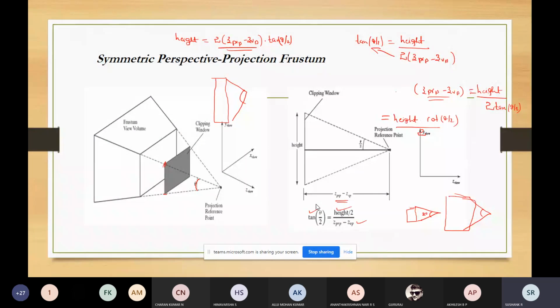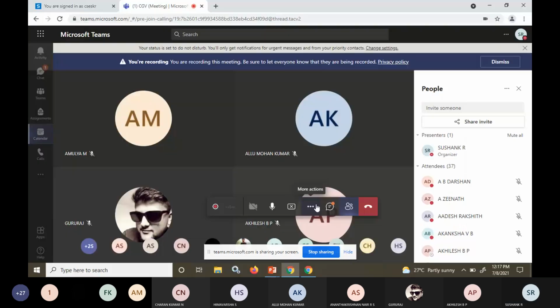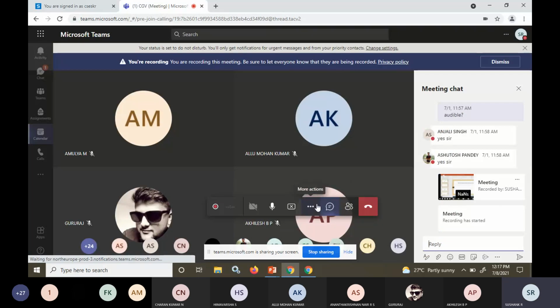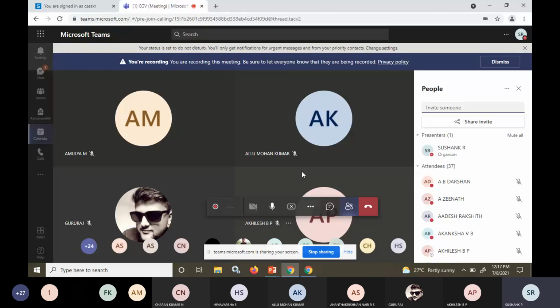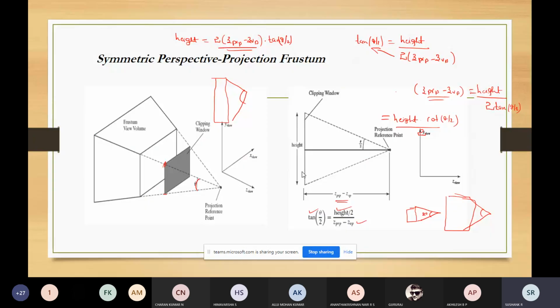Any doubts with respect to the first concept? If not, we'll proceed with the next one.